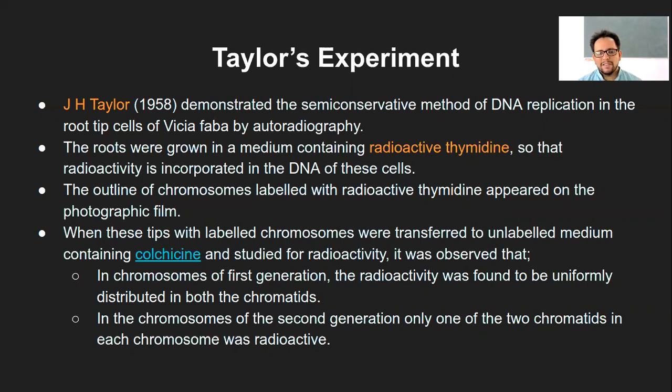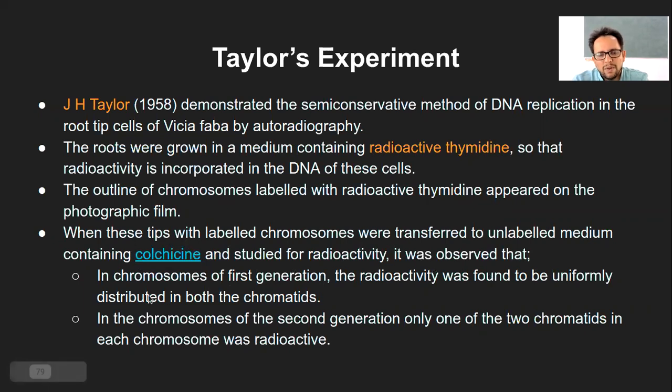So once the cell reaches metaphase, this colchicine will act on the spindle polymerization, so that mitotic spindle assembly is disturbed and the cell goes to that fixed stage. So it does not go to anaphase and telophase anymore. So all these cells will be blocked at this metaphase using colchicine, and then they are studied for the radioactivity.